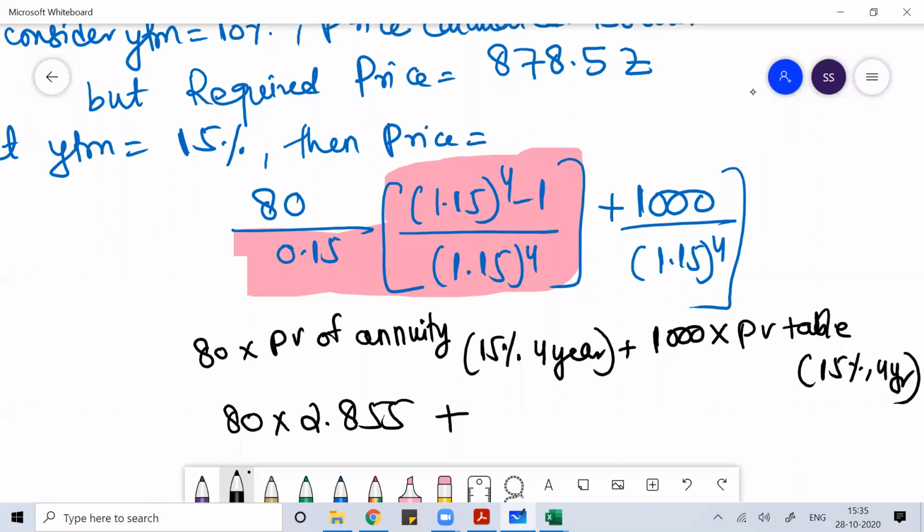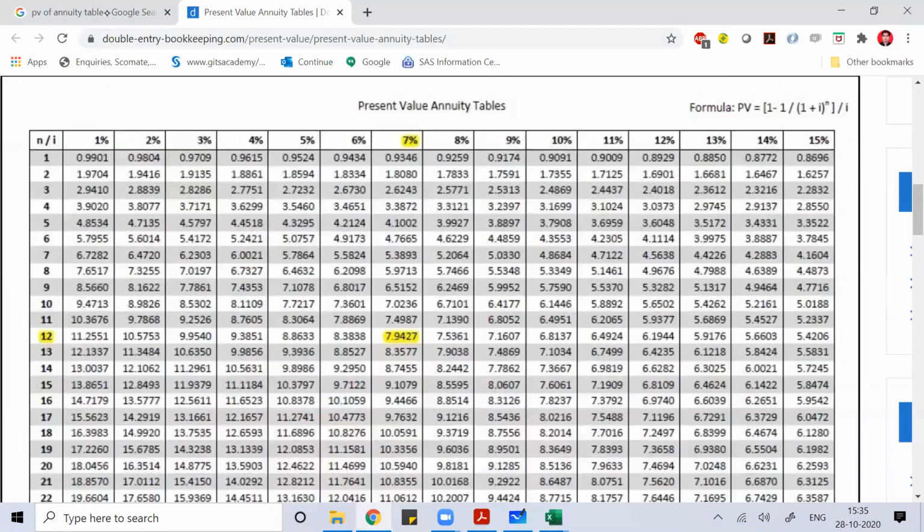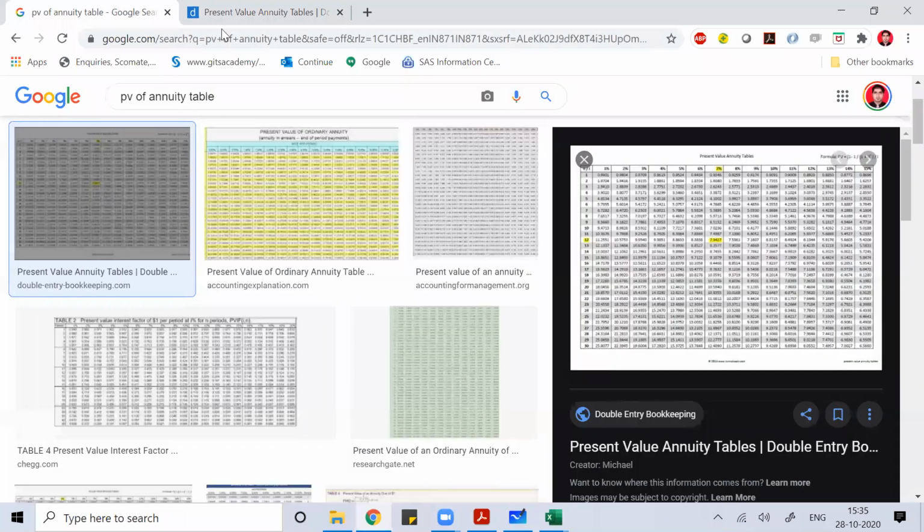Plus 1000 into the factor for 15% for 4 years. For that I need the present value table, so there's one more table I can give.